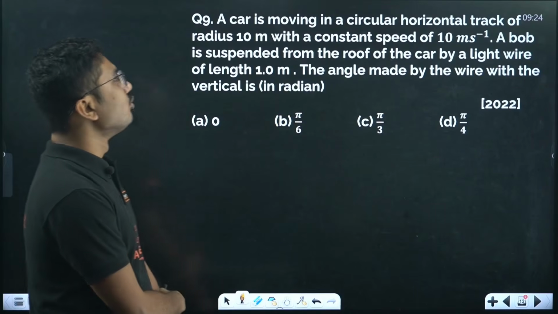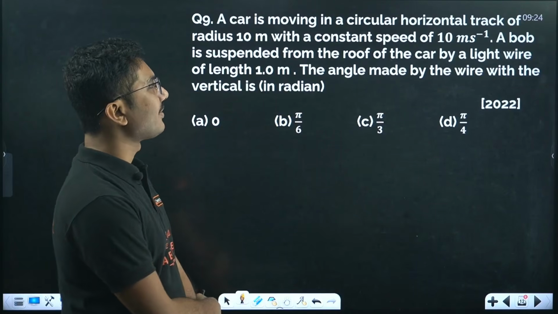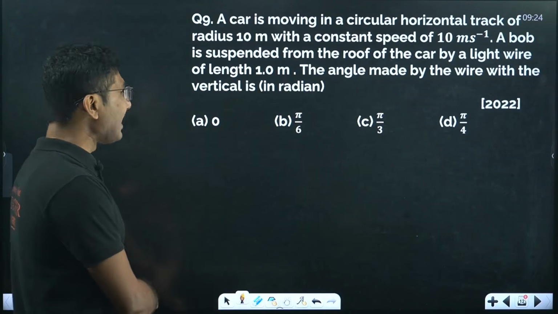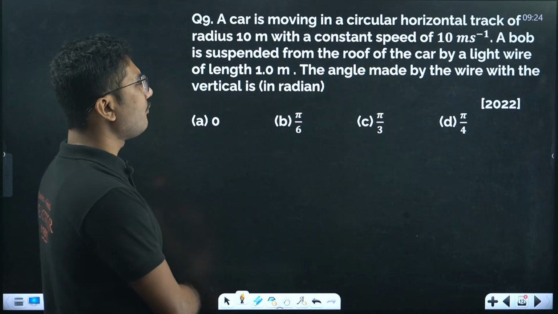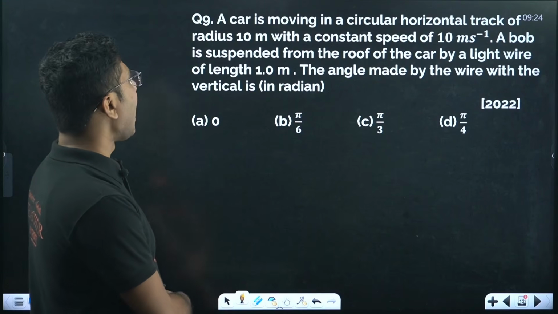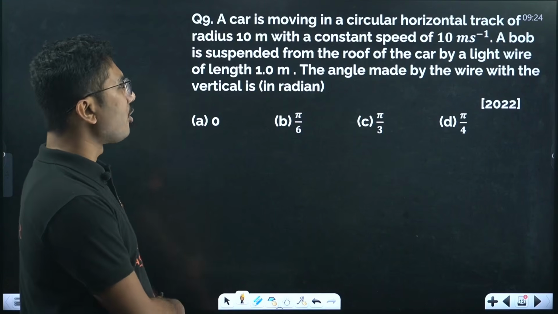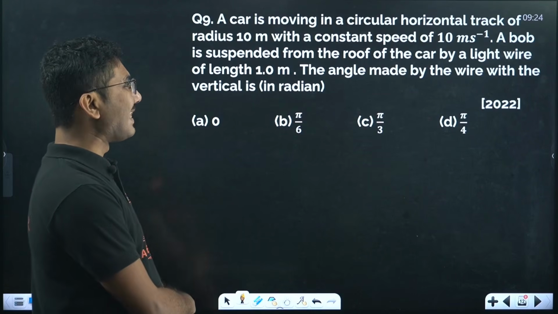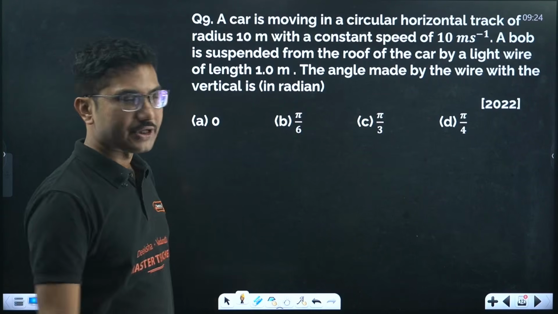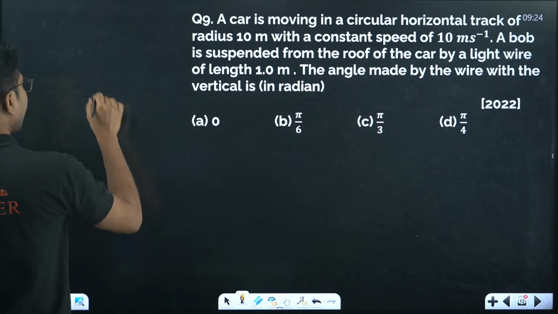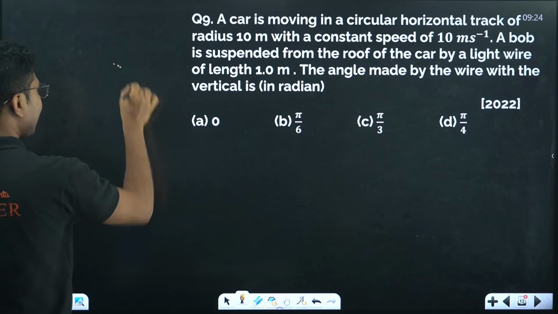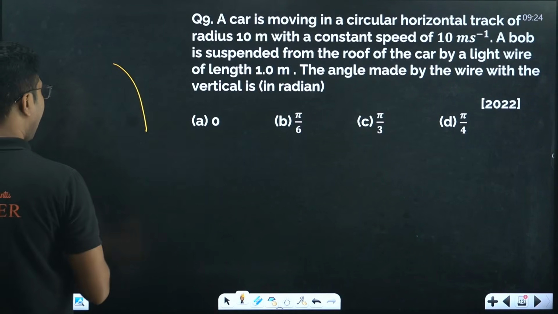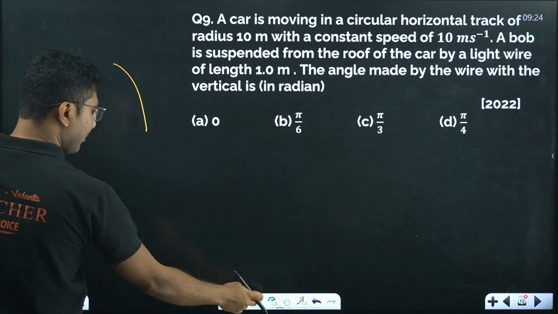A car is moving in a circular horizontal track of radius 10 meter with a constant speed of 10 meter per second. A bob is suspended from the roof of the car by a light wire of length 1 meter. The angle made by the wire with the vertical is? Basically, a car is rotating in a circular track, and we are not drawing the car, by the way.